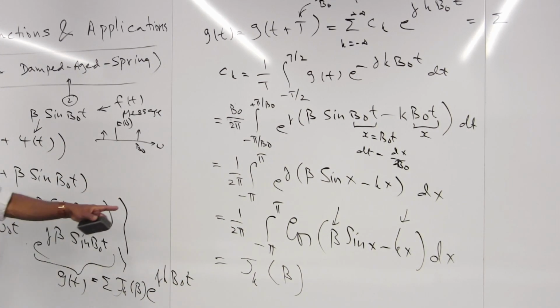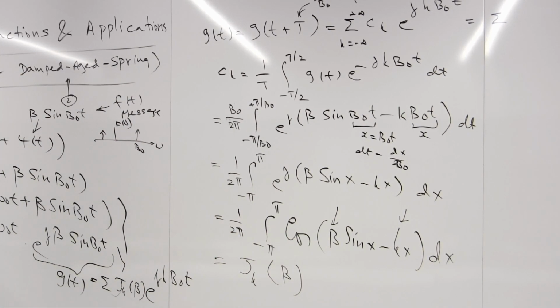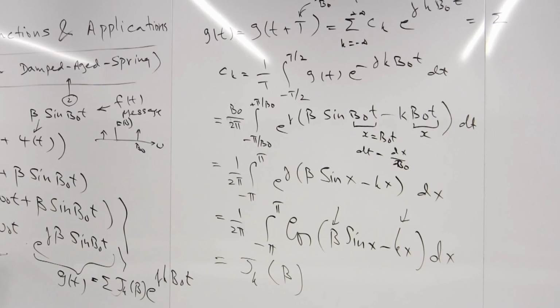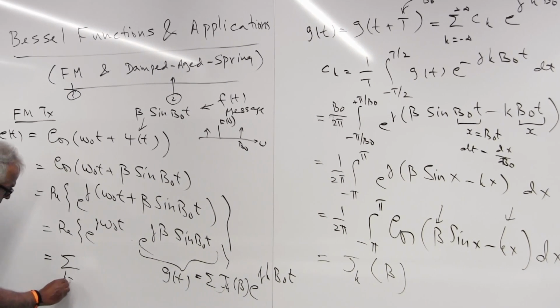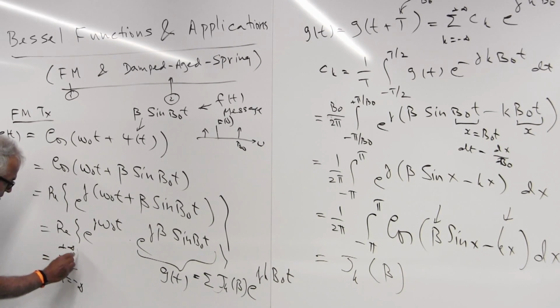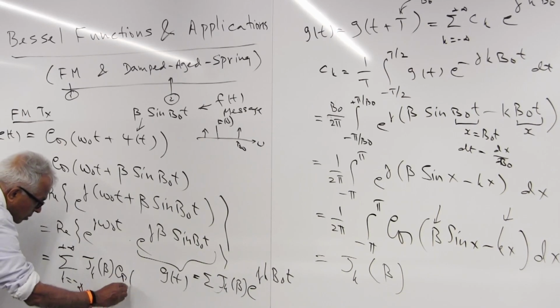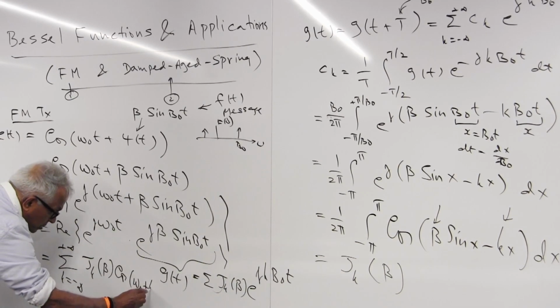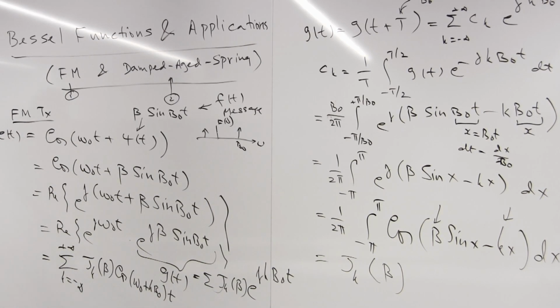The J k's are real, notice that it is cosine here, so this is real. If you combine the two exponents and take the real part, this will turn out to be the sum over k from minus infinity to plus infinity of J k of beta cos of omega naught plus k b naught, t. So this is a standard expression, nothing new here.